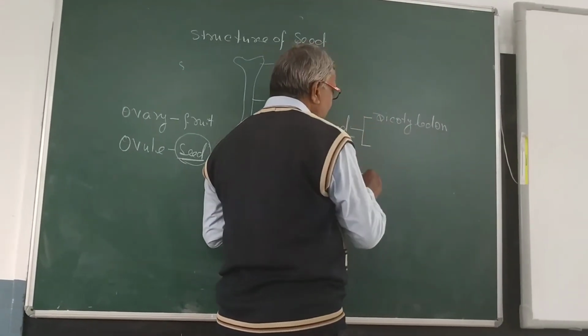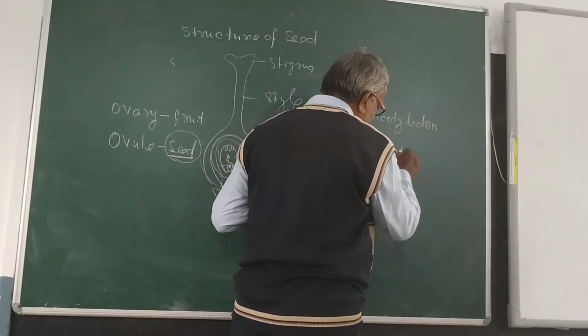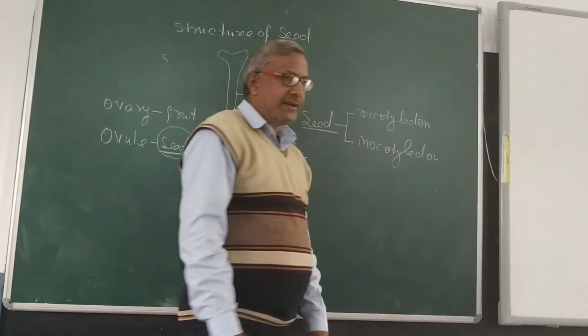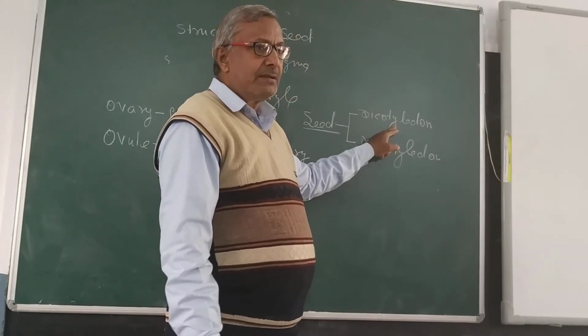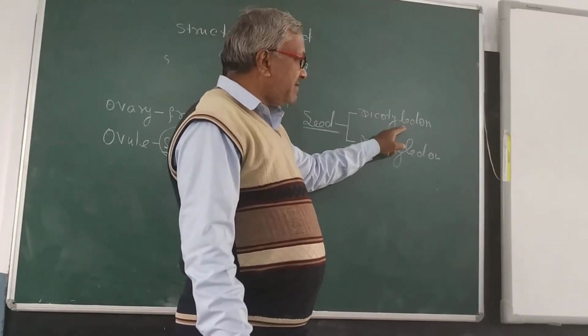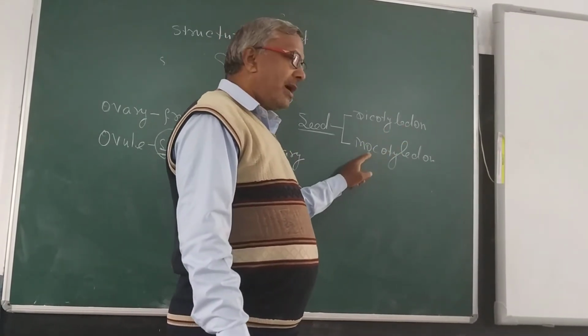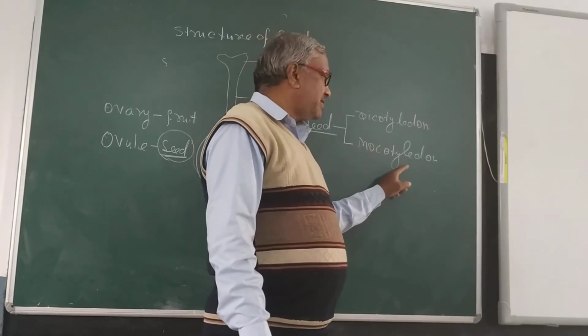And if only one cotyledon is there, then monocotyledonous seed. Examples of dicotyledonous seeds are pea, bean seed, rajma, castor seed, gram seed. Monocotyledons are wheat, rice, maize.